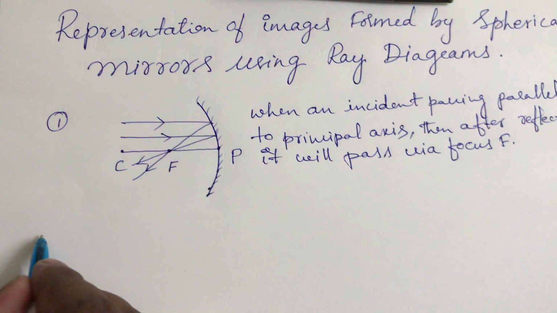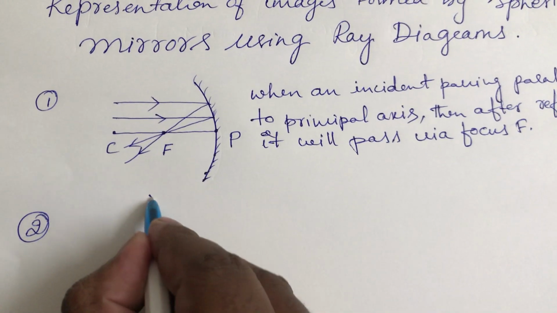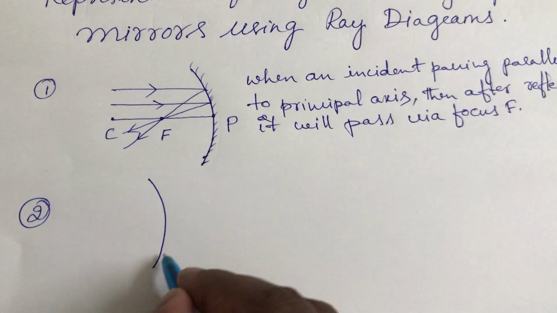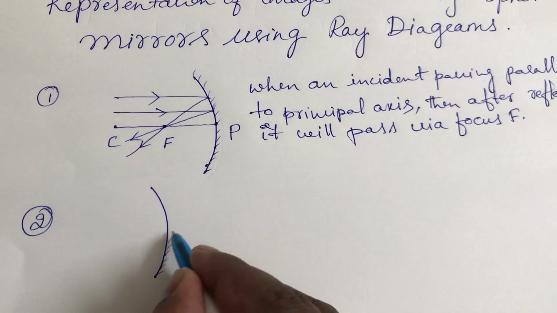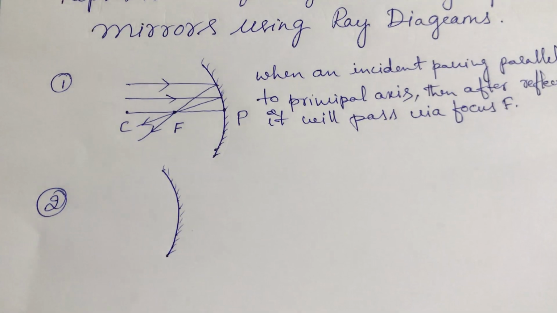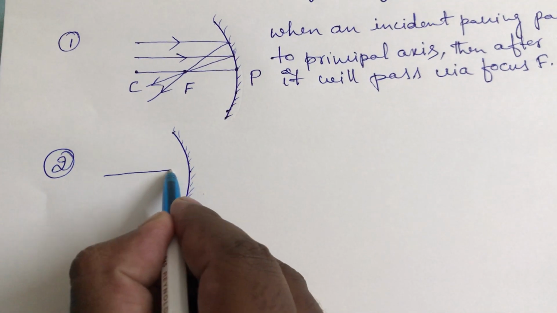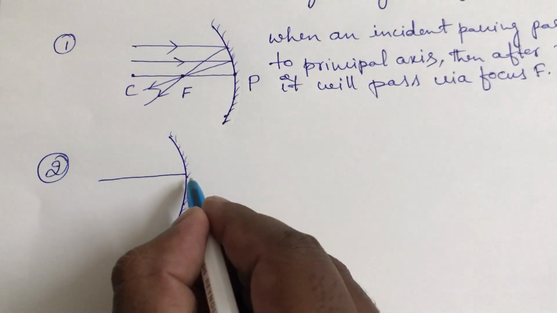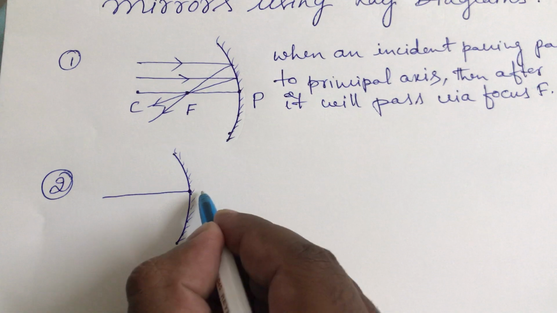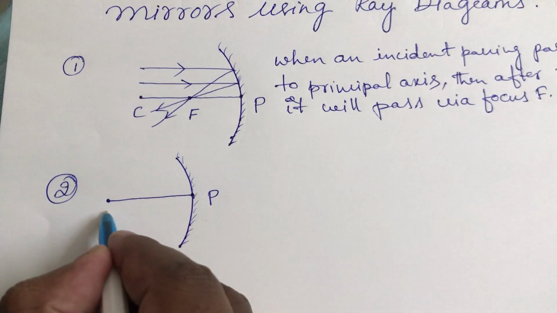In the second case, we'll consider one more concave mirror, coated with a silvery layer on the other side. Take the principal axis. This is the pole of the mirror, I'll call it P. This is the center of curvature.